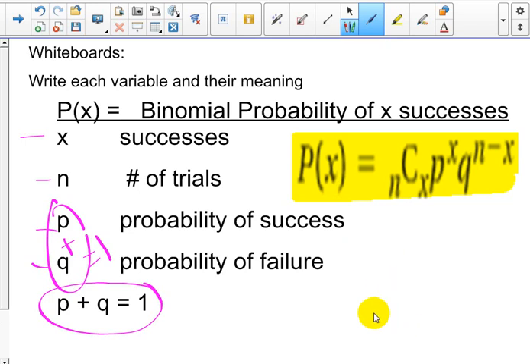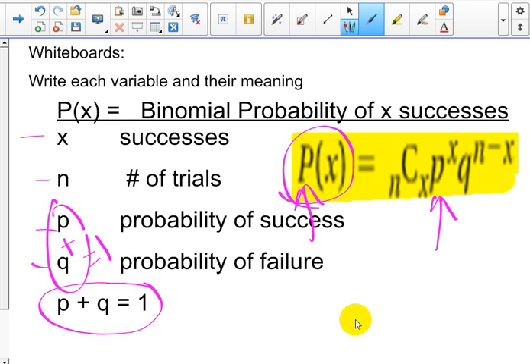So remember, in this formula, you've got a capital P and you've got a lowercase p. The capital P just means binomial probability of x successes. So that capital P is different from this lowercase p, which is your probability of success.